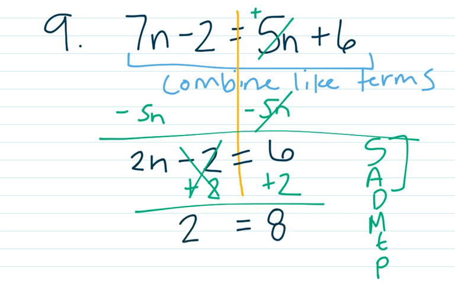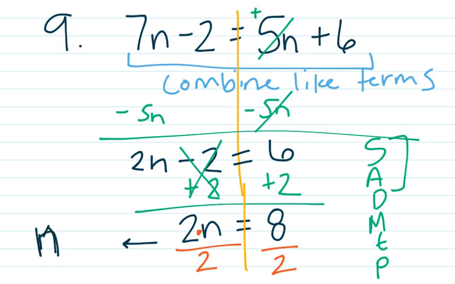And then we have the same old 2n left over on the other side. Last step is usually division, so here we are. If this is 2 times n, let's go ahead and divide. And now we end up with n equals 4. Let's just go ahead and erase that extra n, because yikes.